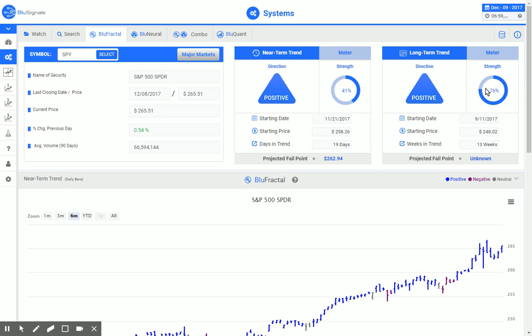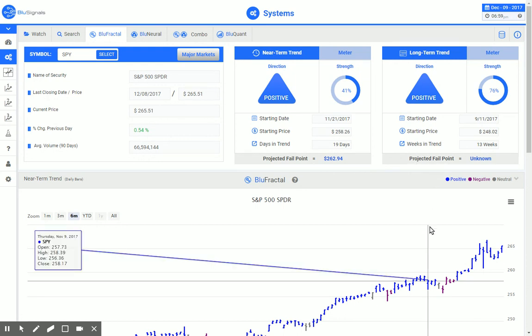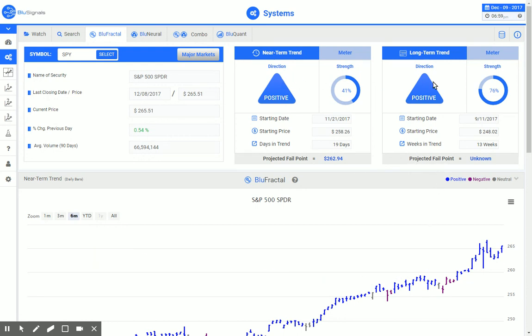Typically, you wouldn't concern yourself with the trend until the meter gets below 40 or 50% and a fail point is projected. So it's important to consider both the near and the long term while you're in a position.